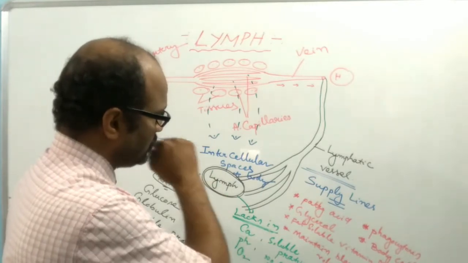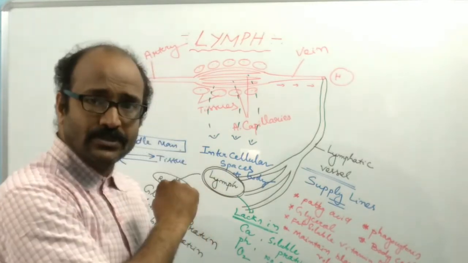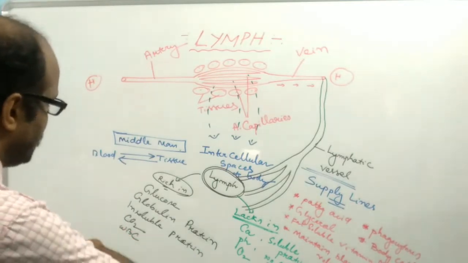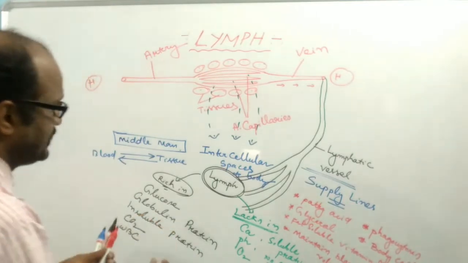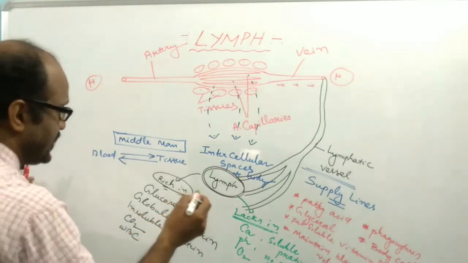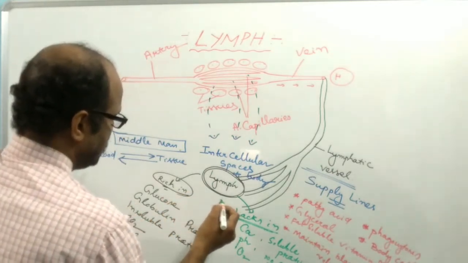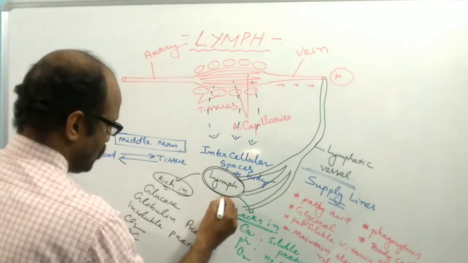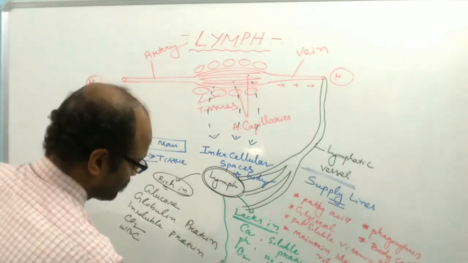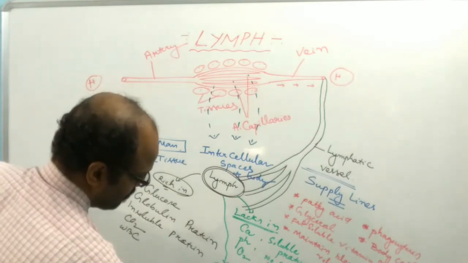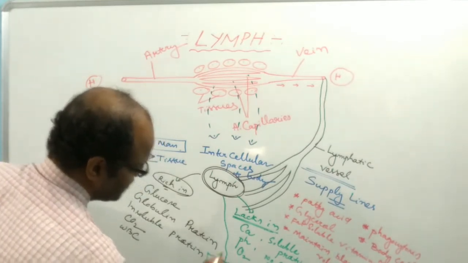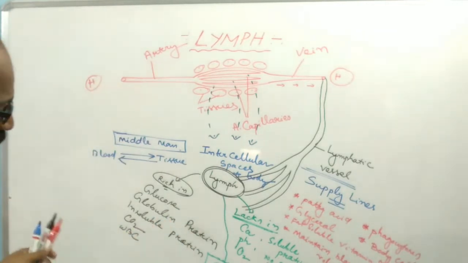Lymph also has another property: it can coagulate like blood.